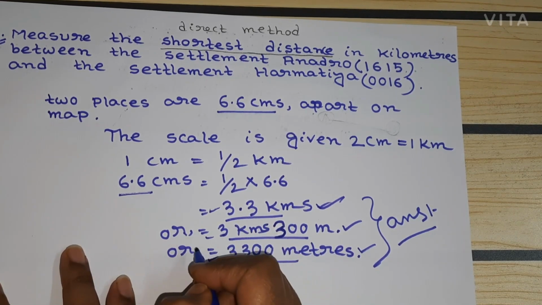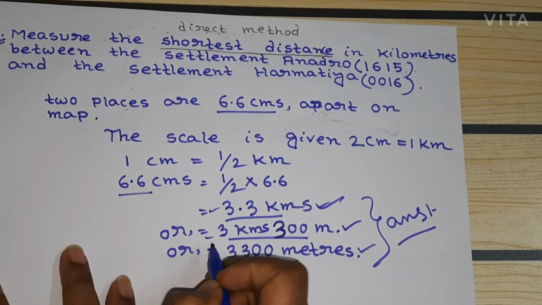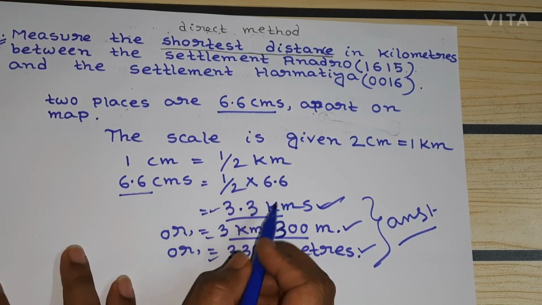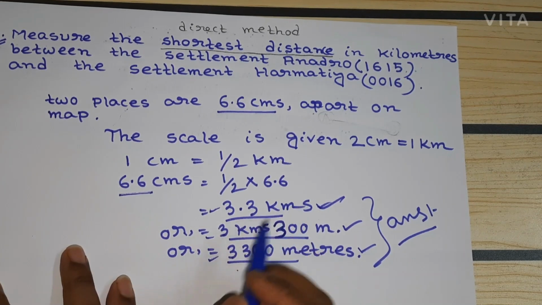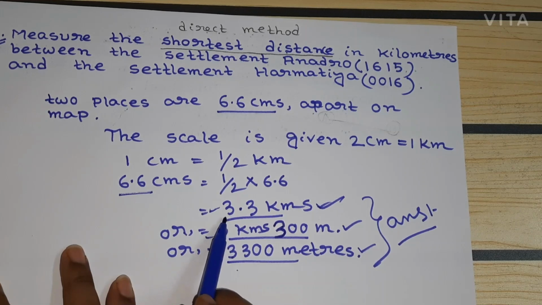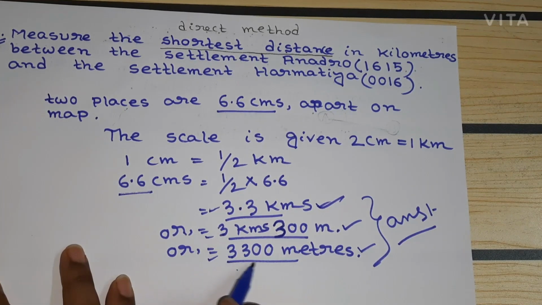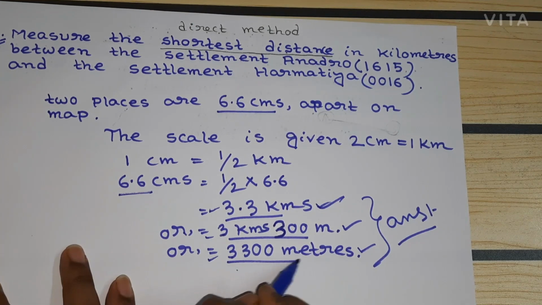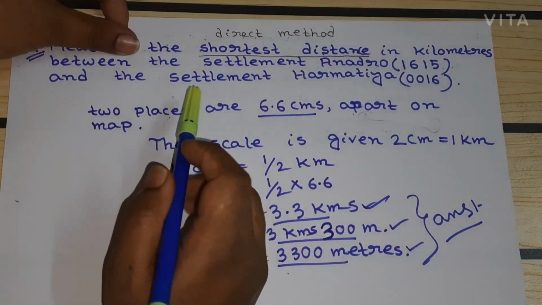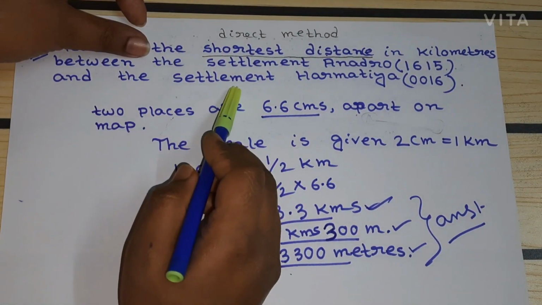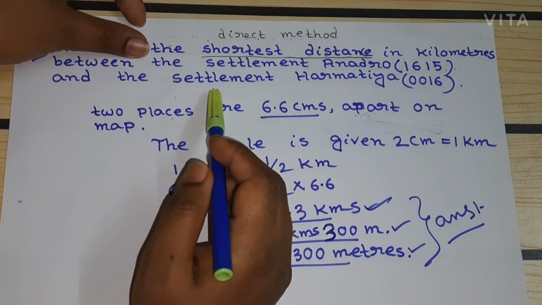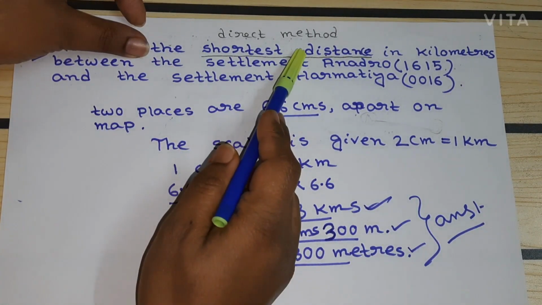But sometimes they ask you to write the answer in meters as well as kilometers. In that case you need to write this answer and also this one in meters, 3300 meters. Sometimes they can provide you some different features to do this calculation.